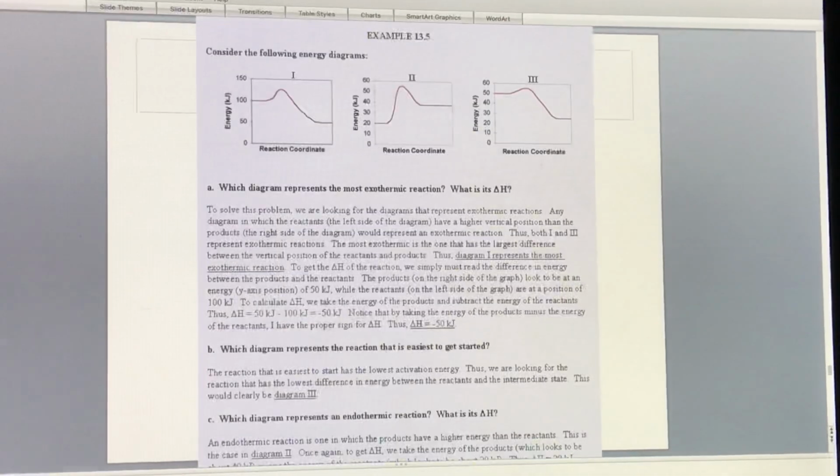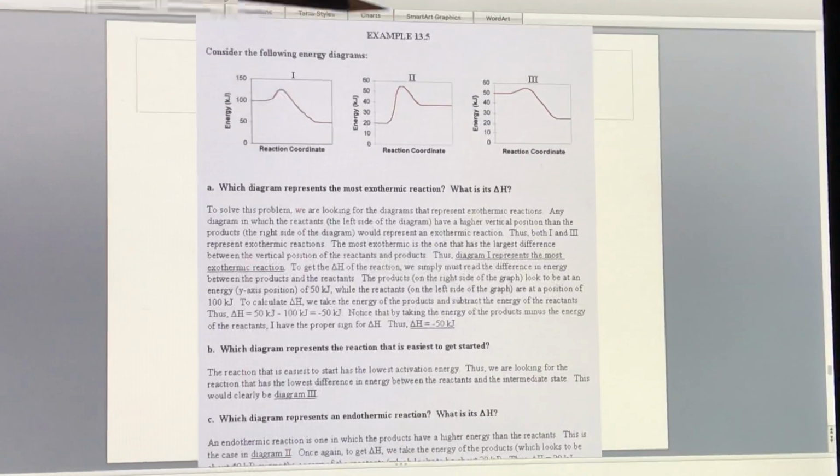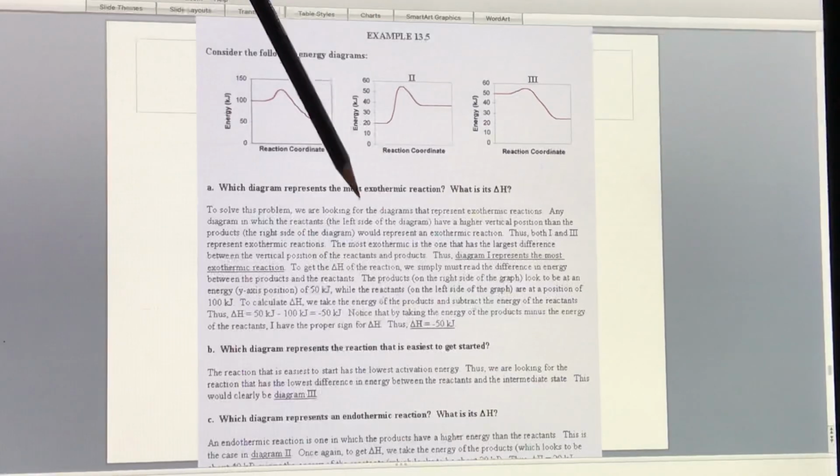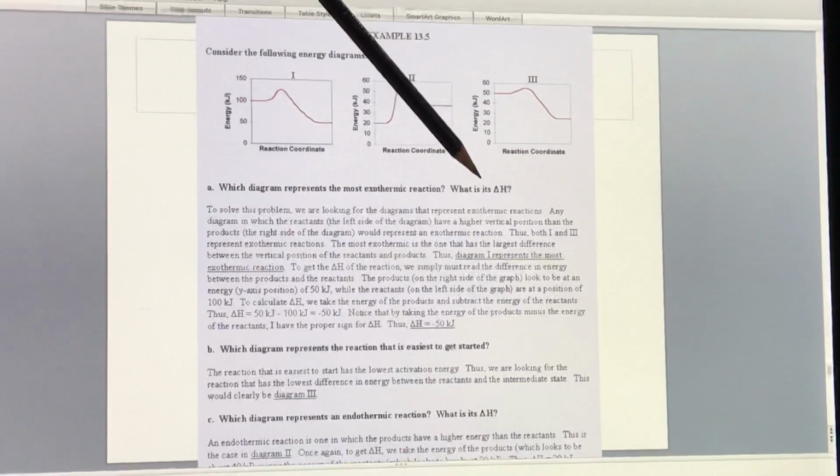So we're saying which one of these starts high and ends low. So we could pick from either 1 or 3. Either one of those could actually be exothermic. However, it's asking which is the most exothermic and exactly what is the delta H.